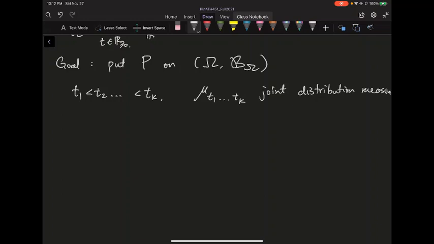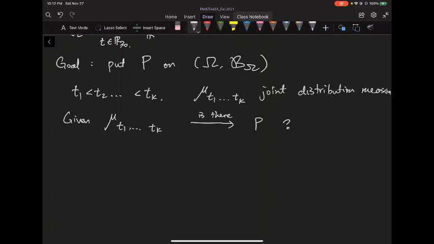So the goal is that, given these joint distributions, if I give you some fixed finitely many timestamps, and I tell you the stock price at each of these timestamps, I can measure them using this joint measure. Then, is there a probability P?